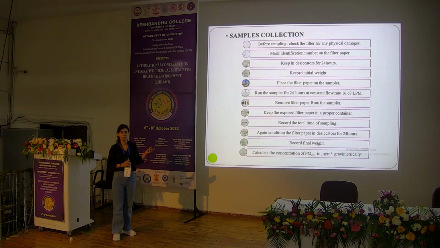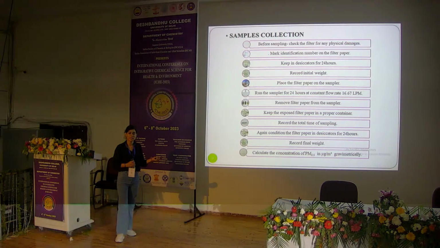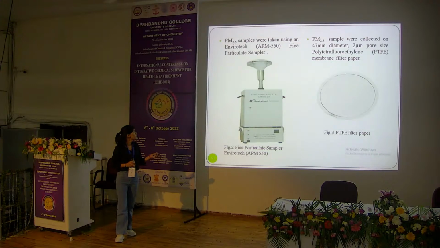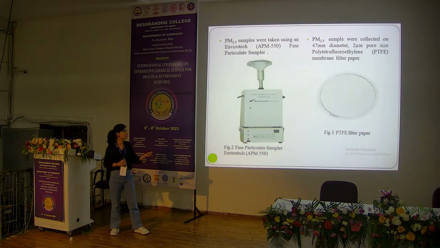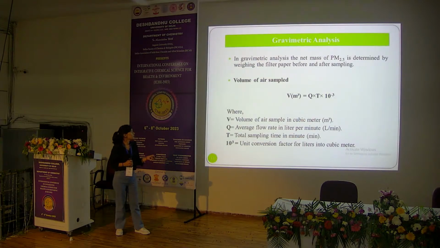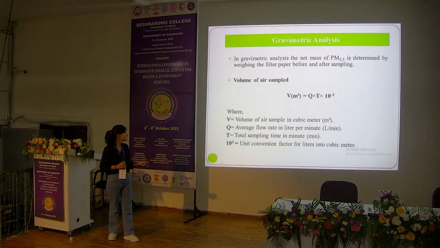This is my work plan. By this standard operating method, I collected my samples of PM 2.5. This is the sampler I used to collect my samples, and this is the filter paper I used. By gravimetric analysis, I calculated the concentration of PM 2.5 particles.